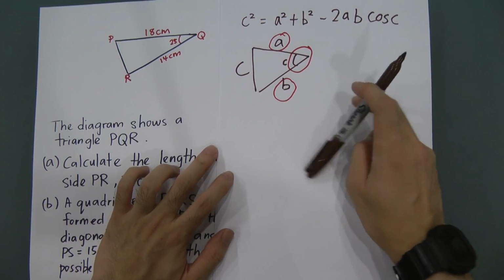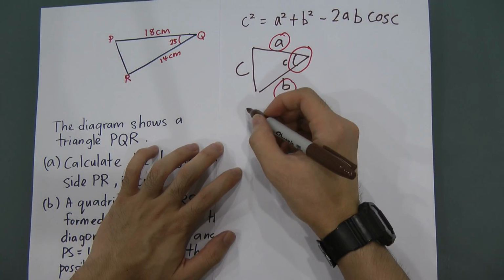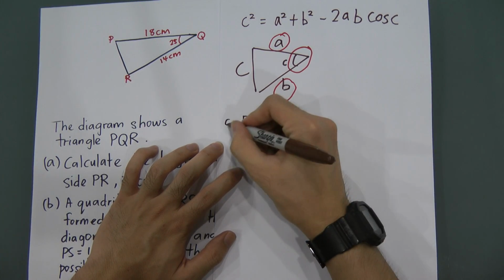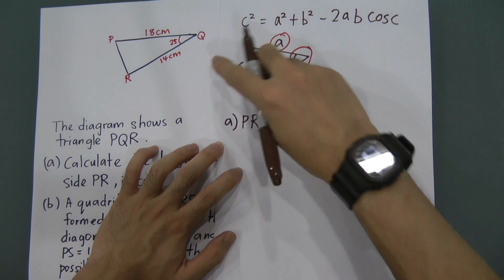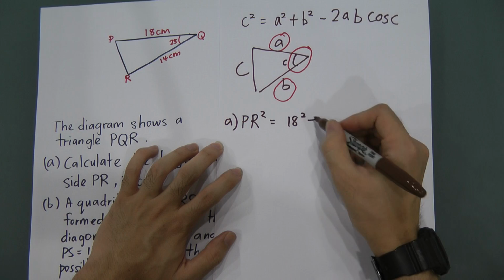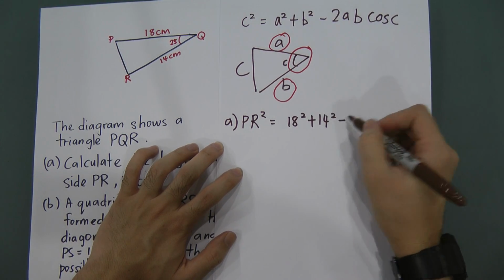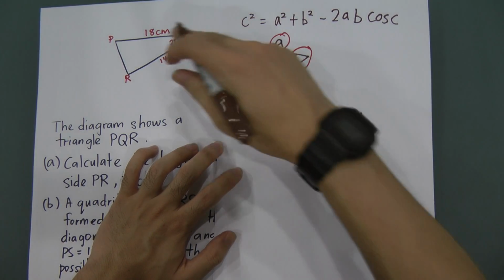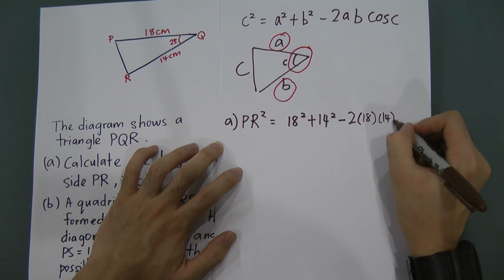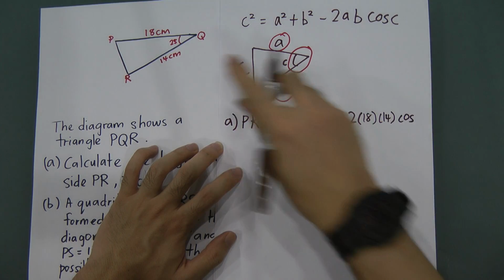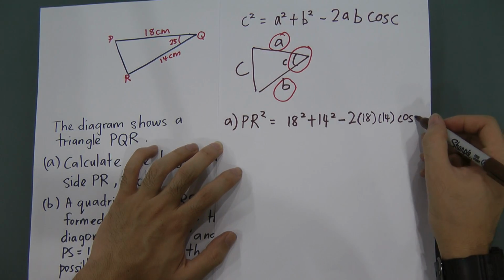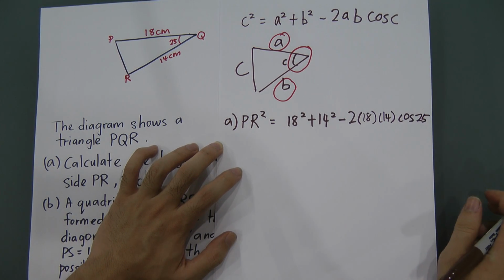So in order to find PR, I straight away write PR square equals A square plus B square, so 18 square plus 14 square, minus 2AB, so 18, 14, and cos C. Cos C here will be cos 25.